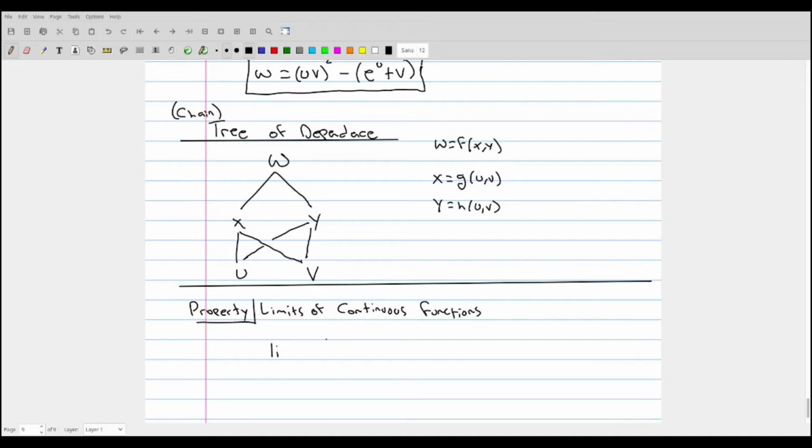I should say the final computational property that we have. If you take the limit of a composition like this, as (u,v) goes to (u0,v0), this is the composition f of g of (u,v), h of (u,v).